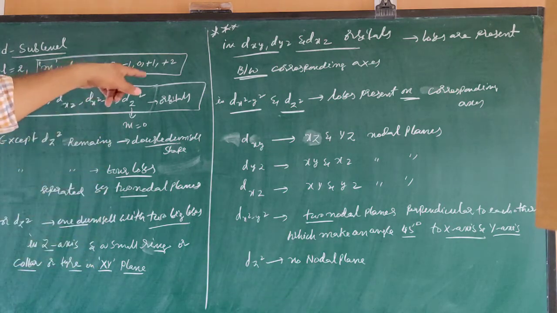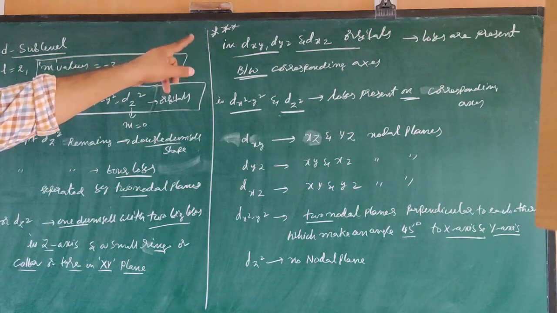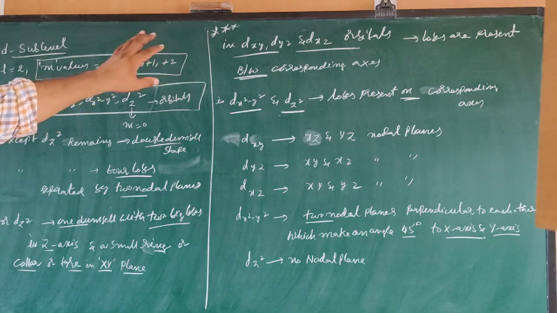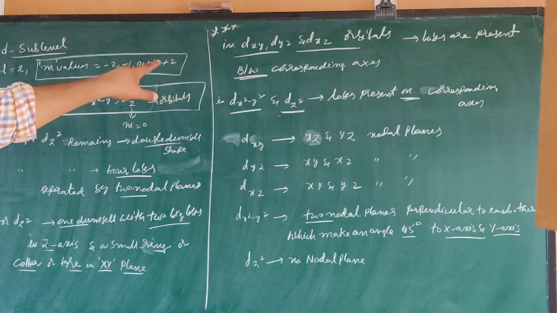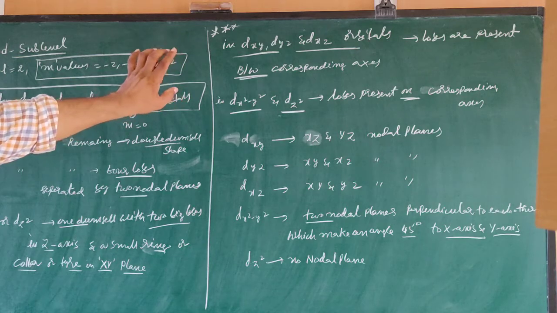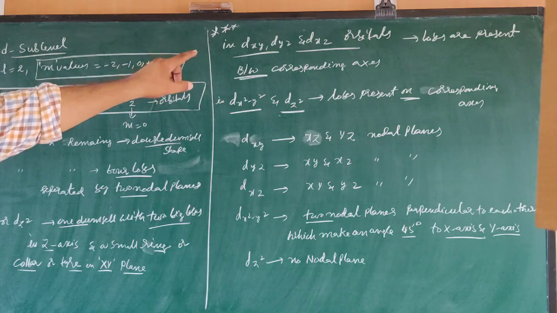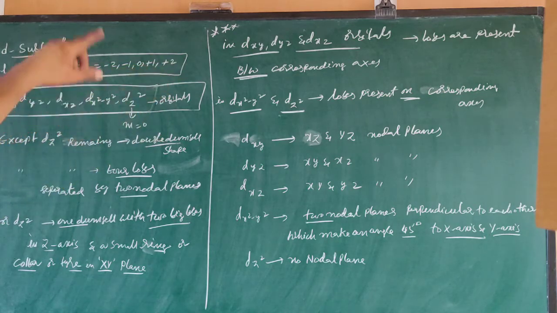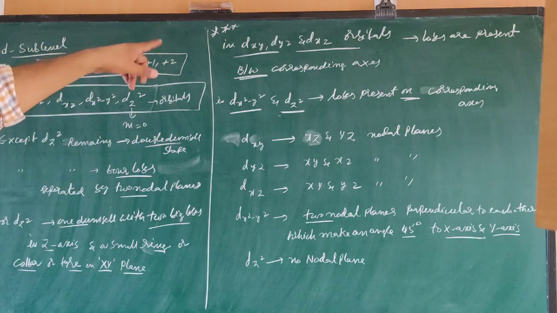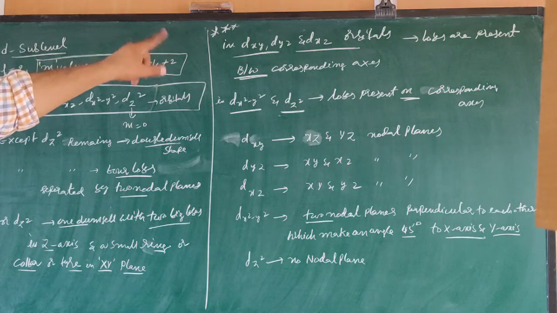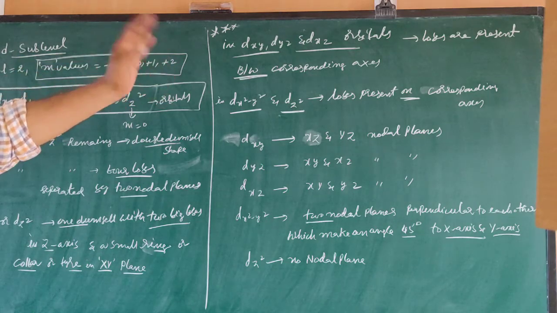In the dxy, dyz, and dxz orbitals, in all these three, lobes are present between the corresponding axes. Please observe this point. For example, for dxy, the lobes are present between the x and y axes.